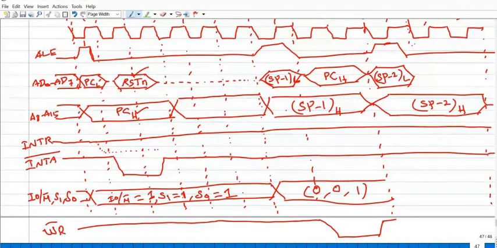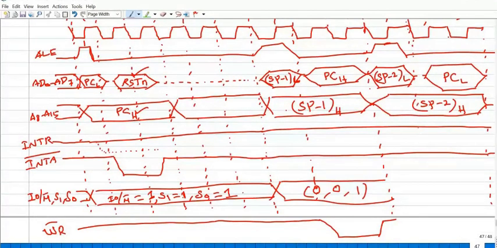Okay. So during T2, T3, your AD0 to AD7 hold the program's next immediate address location. That information is available in the program counter. So the lower order 8-bit data of the program counter is stored in the address location SP minus 2. So this is also a memory write operation.